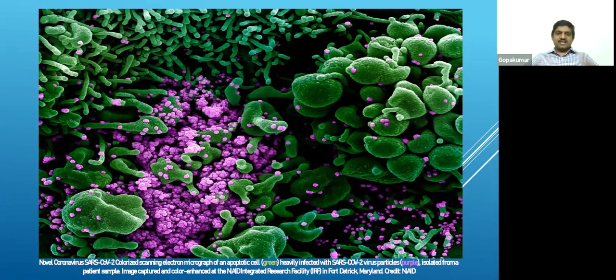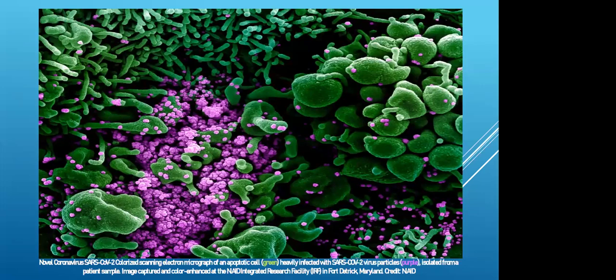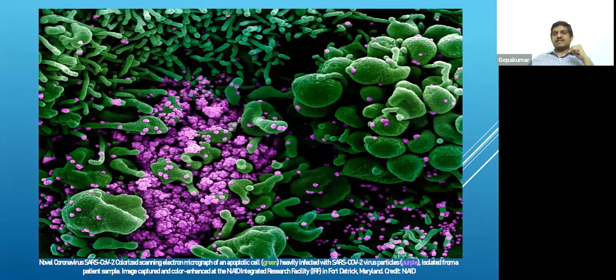You can see something like a cauliflower, because the spike proteins are seen there. So it is a scanning electron microscope image of coronavirus particles infecting normal cells. So that is maybe another diagram.